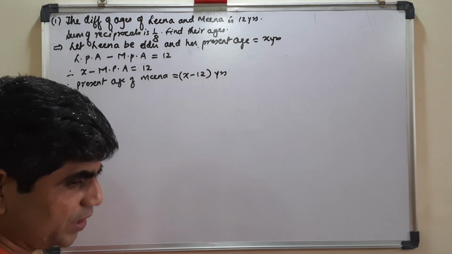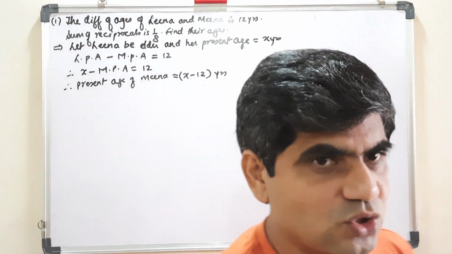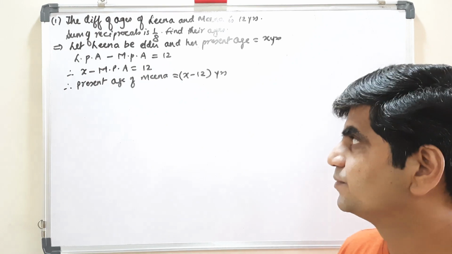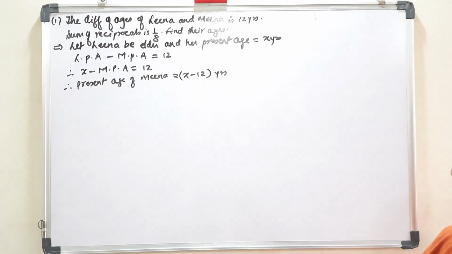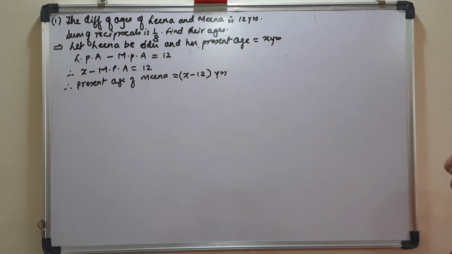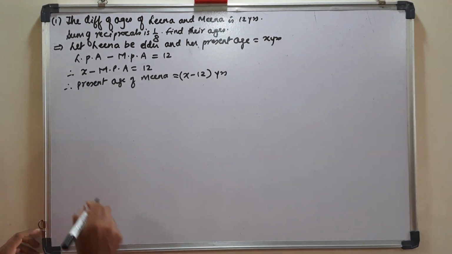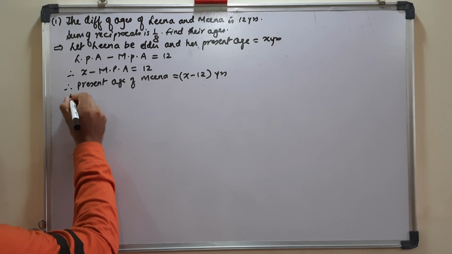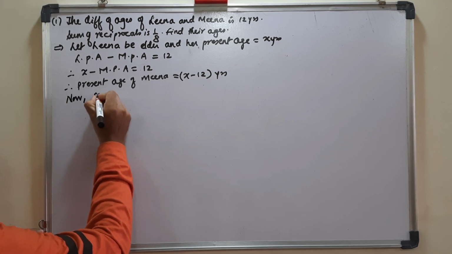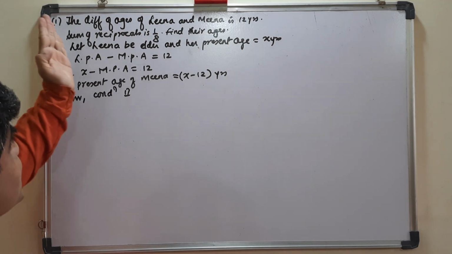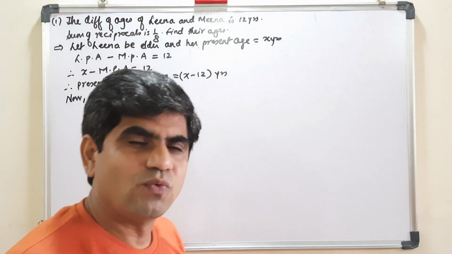Now, here I told you can even take two variables and solve. But I want to solve it with a single variable because I want to get a quadratic. So I got the present age of Lina and the present age of Mina. Now, by the second condition which is mentioned, it says the sum of reciprocals is 1 by 8.